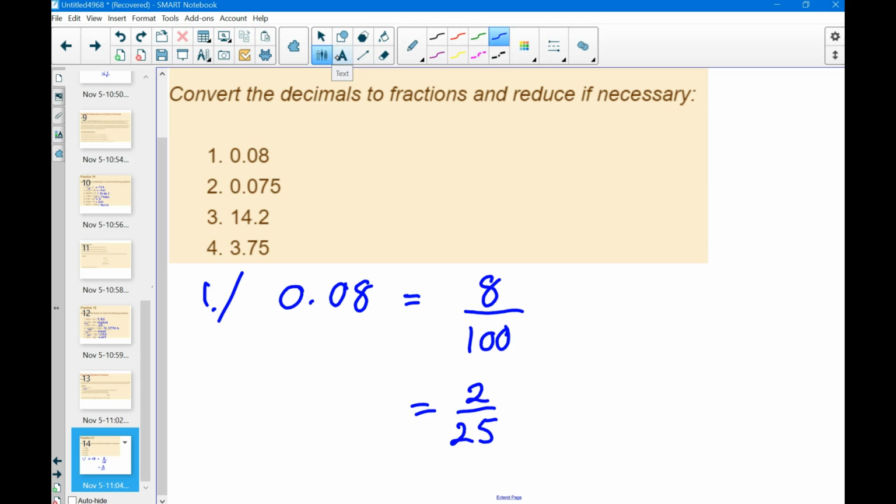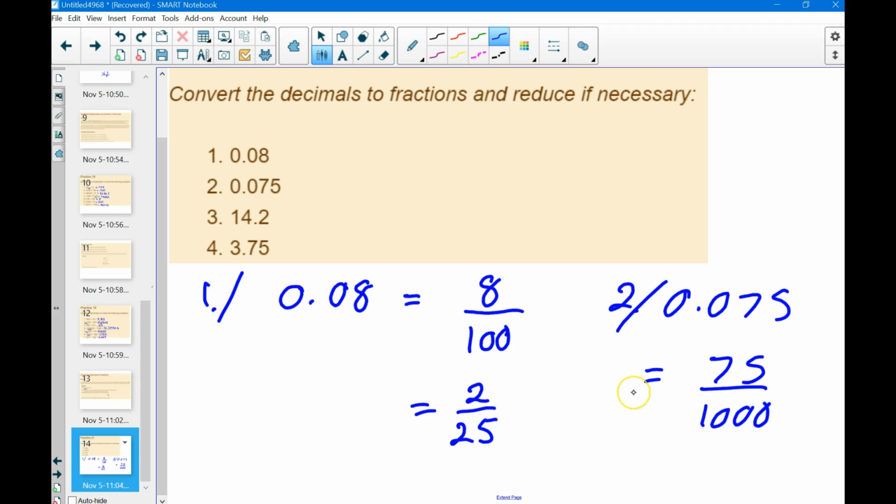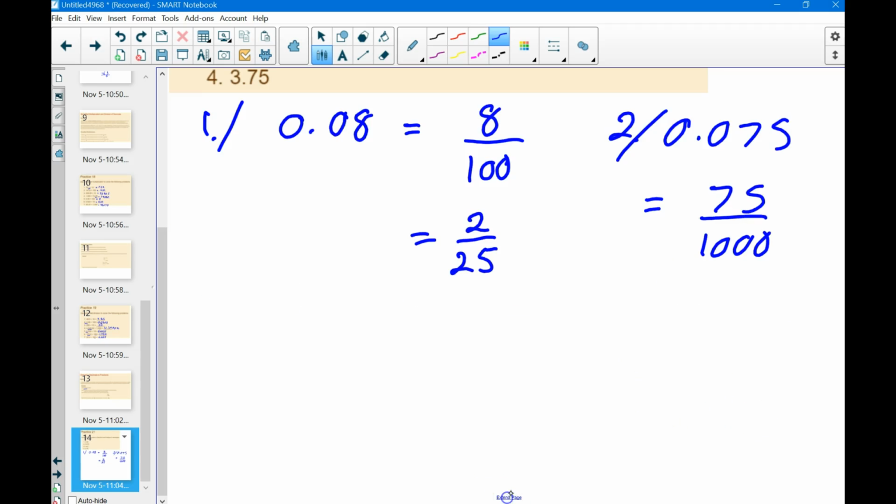So we have 0.075. Number 2 gives us 0.075. In our place value, that means tenths, hundredths, thousandths, which means it's going to be 75 over 1,000. And we know 75 and 1,000 can both be divided by 25. So 25 into 75 goes 3 times.